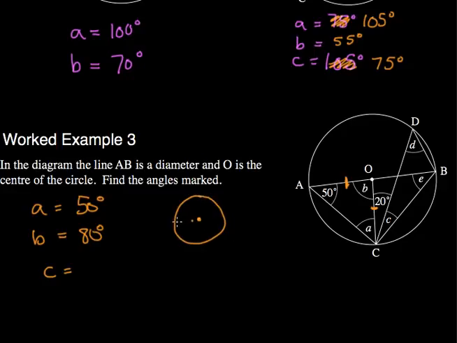Remember the theorem that says if you have a triangle subtending from a diameter, then you've got a 90 degrees in it. Now that means that the angle ACB is 90 degrees. And I've worked out A already, but this whole thing is 90 degrees. So 90 degrees minus 20 minus 50 is C. And that's 70 degrees. This must be 20 degrees.